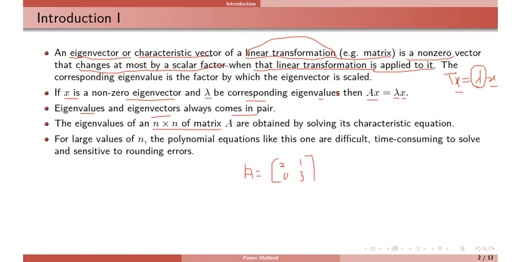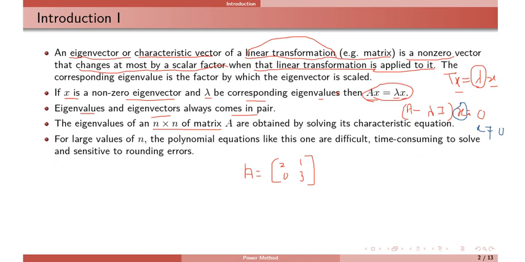Ax equals lambda x, or you can write this equation as (A minus lambda times the identity matrix) times x equals 0. Here x is non-zero.